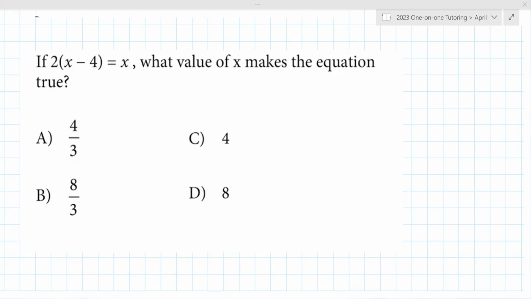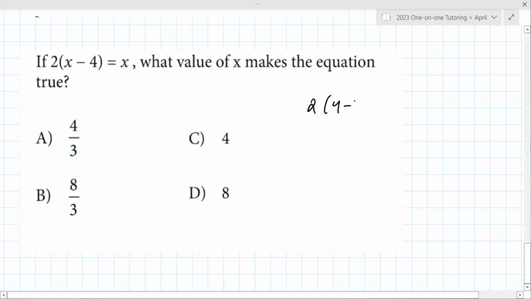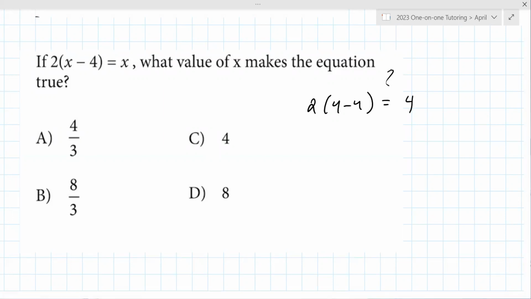How sure are you of your answer? Very sure. Okay, so 2 times 4 minus 4. I was thinking 2 times 4 equals 8 minus 4 equals 4. And I think that's why it's there, for kind of exactly what you just said.